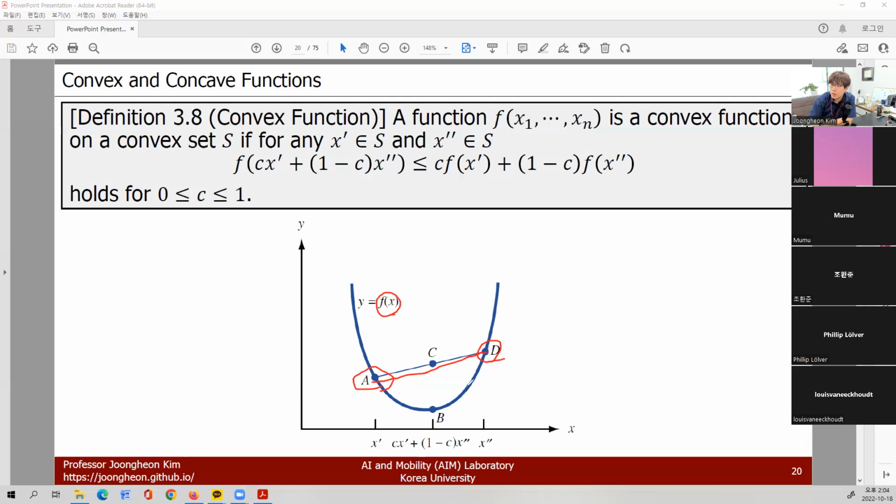Between x1 prime and x2 prime, pick any point, and you pick C. In the same vertical line, you pick the point which is the intersection with the function f, and that is B. And then C should be always higher than or equal to B. Then the function f is convex.